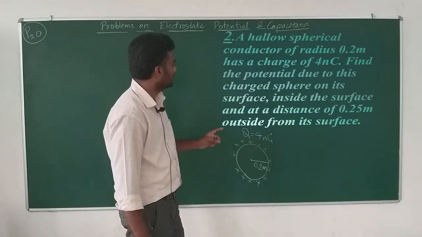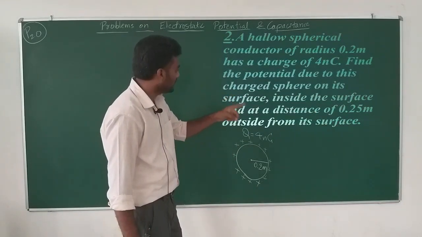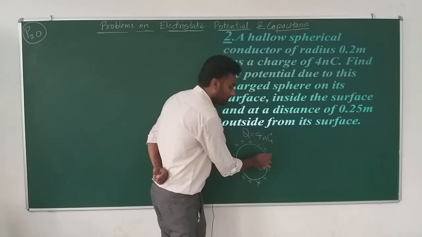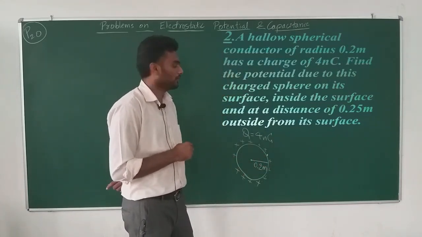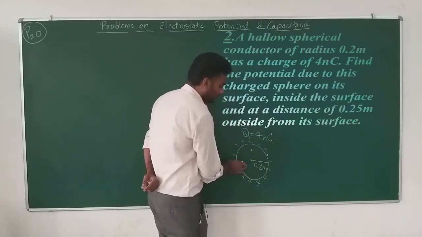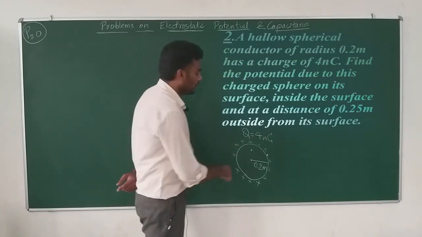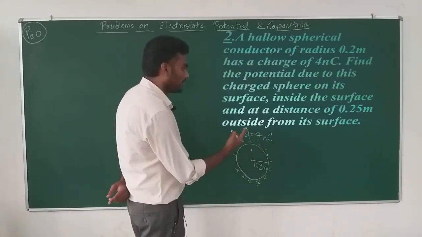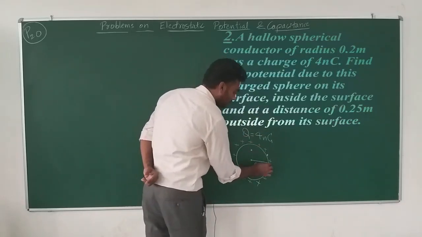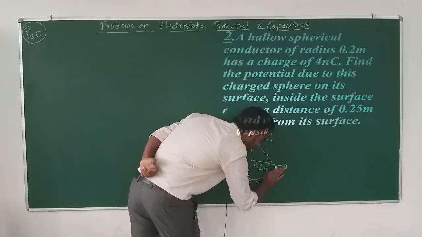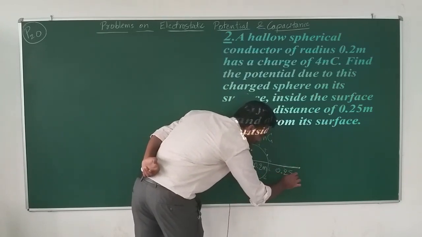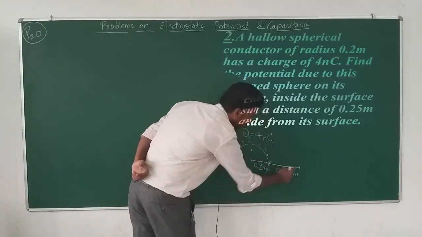Now what do we need to find? The potential due to this charged sphere on its surface, on this point, on the surface of the charged sphere, inside the surface, at any point inside, we will get to know when we solve, and at a distance 0.25 meter outside from its surface, say here, so 0.25 meter from here to here, 0.25 meter from the surface.